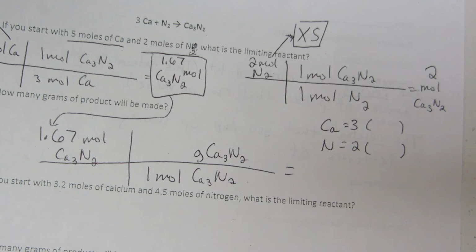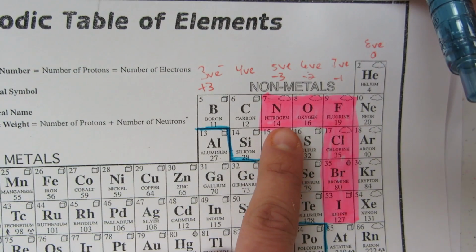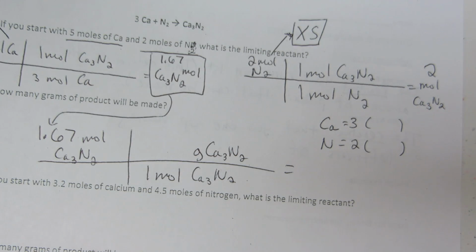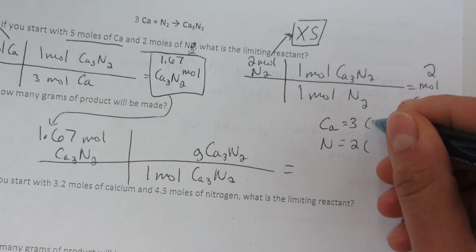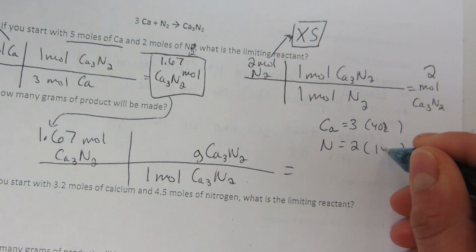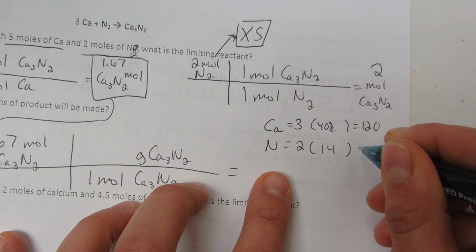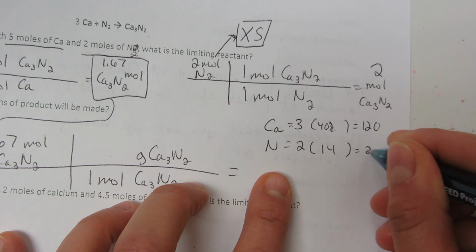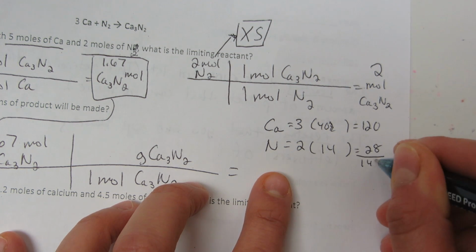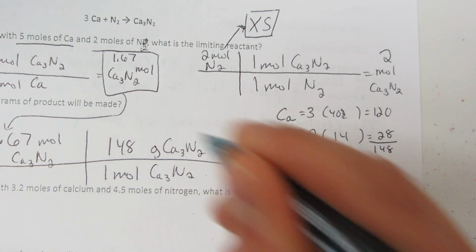So the mass of calcium, if you take a look, is 40, and nitrogen is 14. Okay, so we're going to put 40, and 14. 3 times 40 is 120, 2 times 14 is 28, so you add those together, you get 148. So that goes up here, 148.